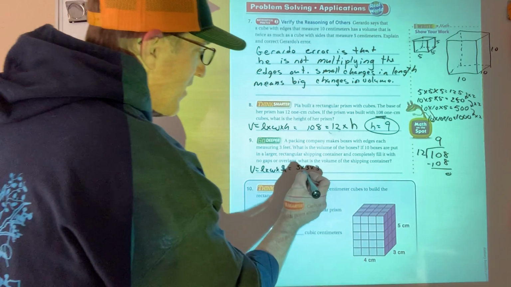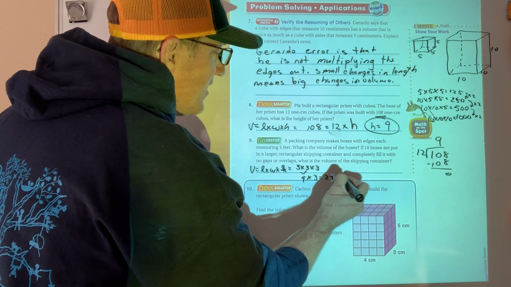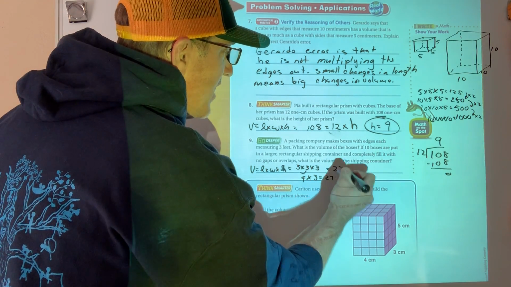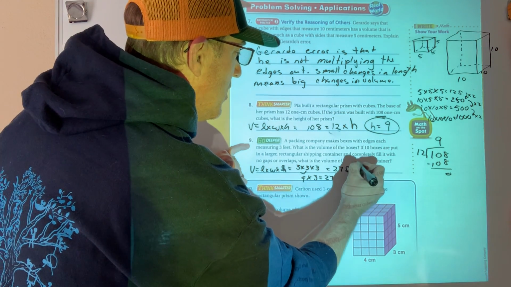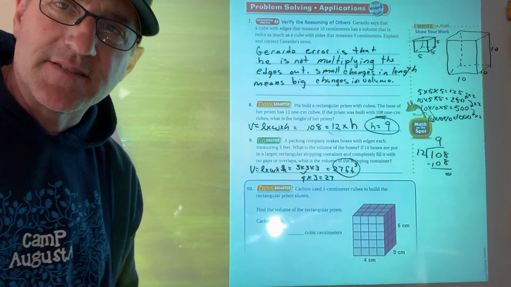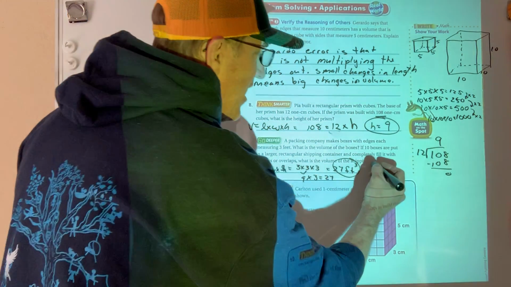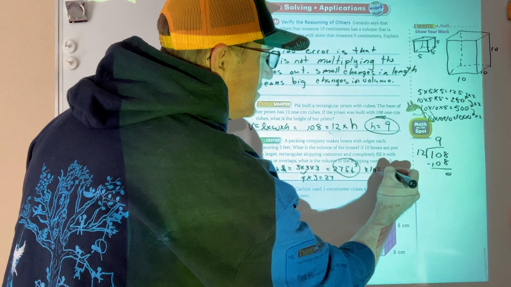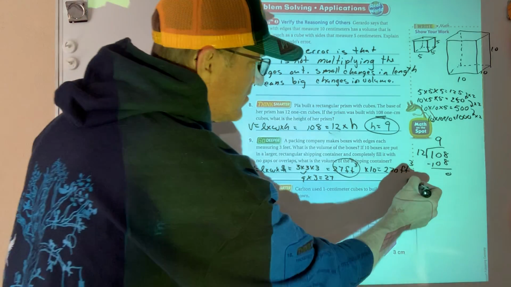When I multiply, 3 times 3 is 9, times 3 is 27. So it equals 27 feet cubed. That's one box. If there are 10 boxes that make a rectangular prism, what would the volume be? That's 27 times 10, which is 270 feet cubed.